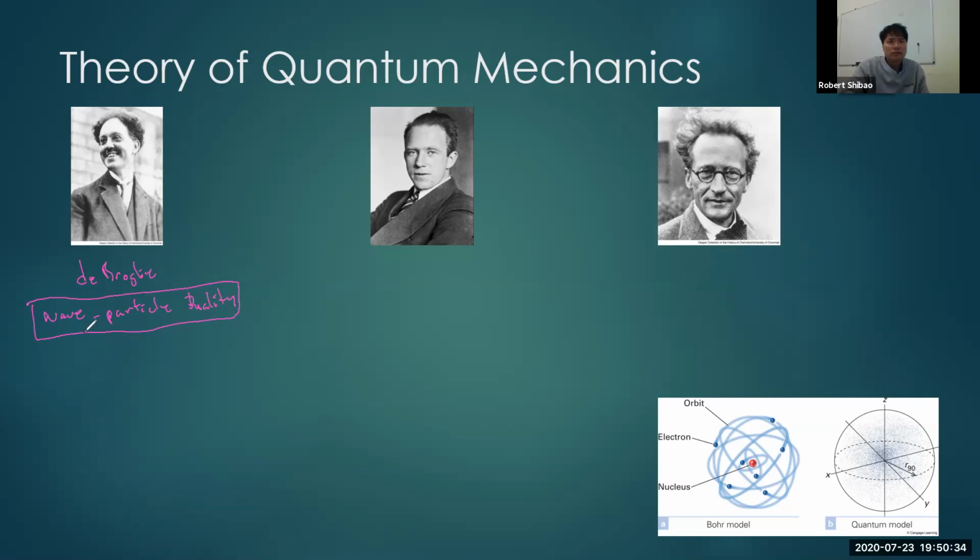But for us, an electron has both. On the one hand, it's like a particle, the mass. On the other hand, it's like a wave, like light. It has both particle and light-like properties.